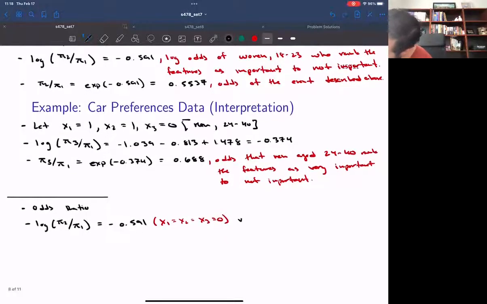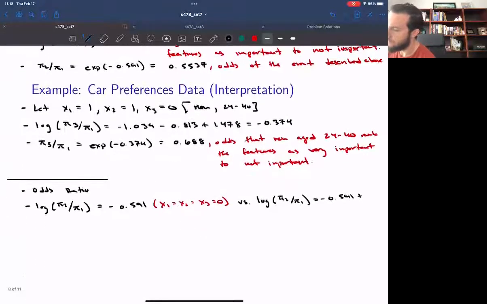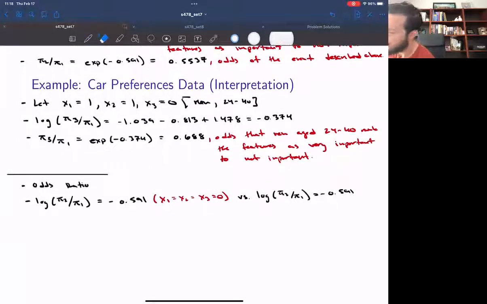And then we have versus log pi 2 pi 1 equals negative 0.591 minus 0.388.